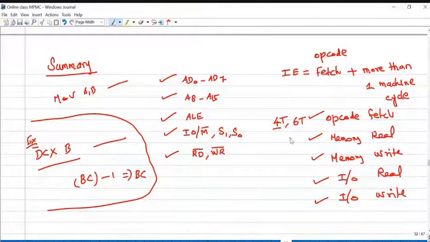For memory read operations, the microprocessor needs a minimum of 3 T states. For memory write, 3 T states, that is 3 clock pulses. IO read also 3 T states, IO write also 3 T states. So depending on the instruction, we have to draw the timing diagram and decide how many machine cycles are involved and how many T states are required by each machine cycle.